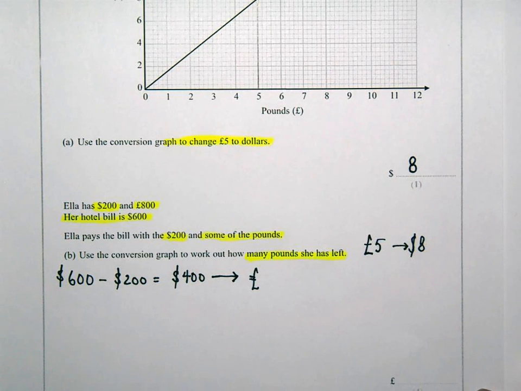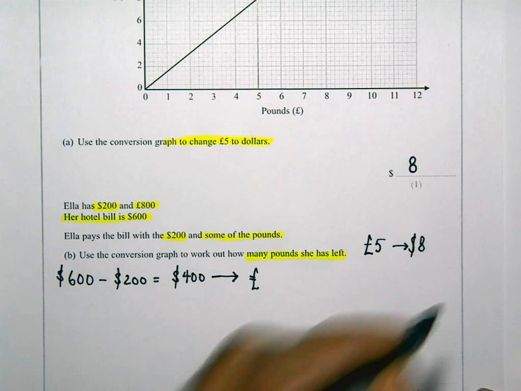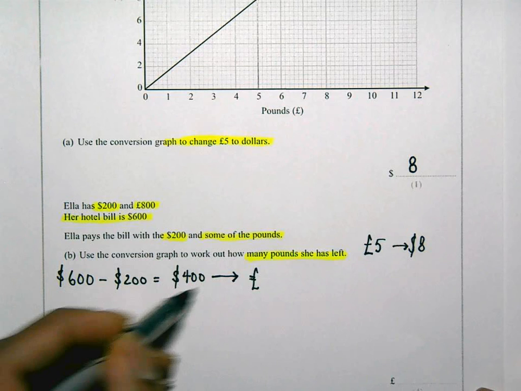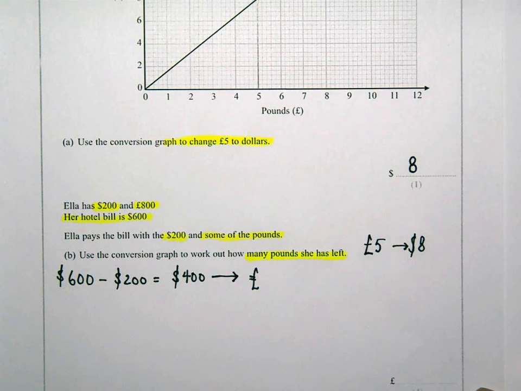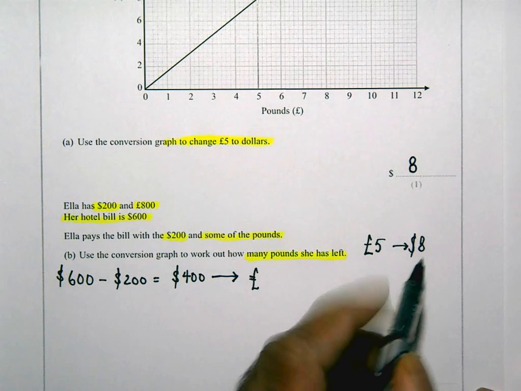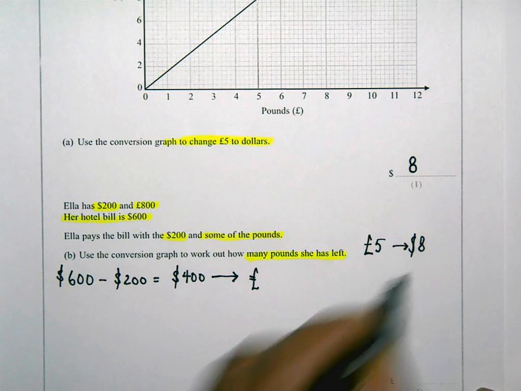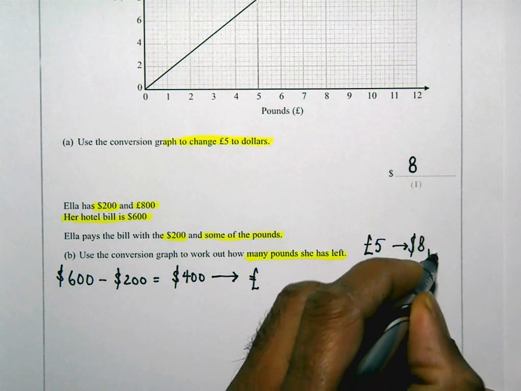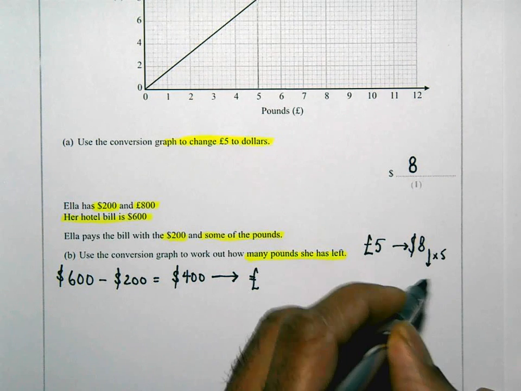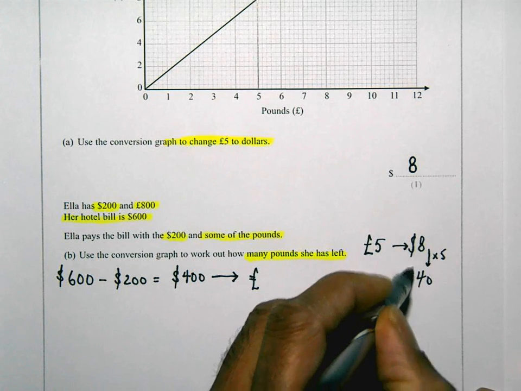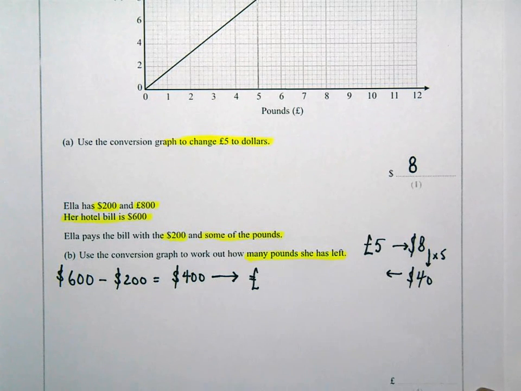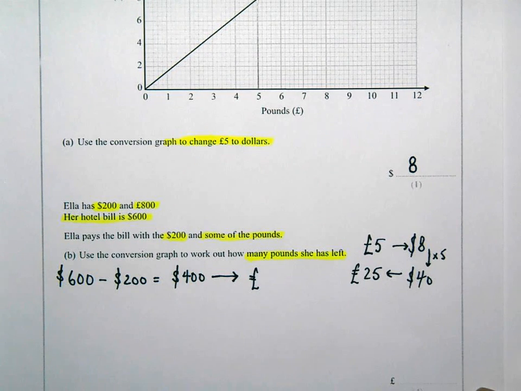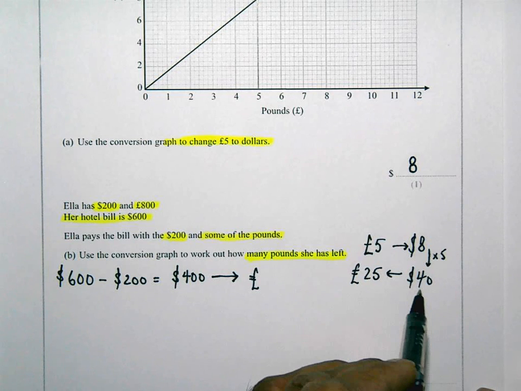Now, what I'm looking for is a number that I could use to multiply up to $400. Now, thinking about this, $8, well, 5 lots of 8 is 40. $40 is going to be the same as 5 times 5, £25.